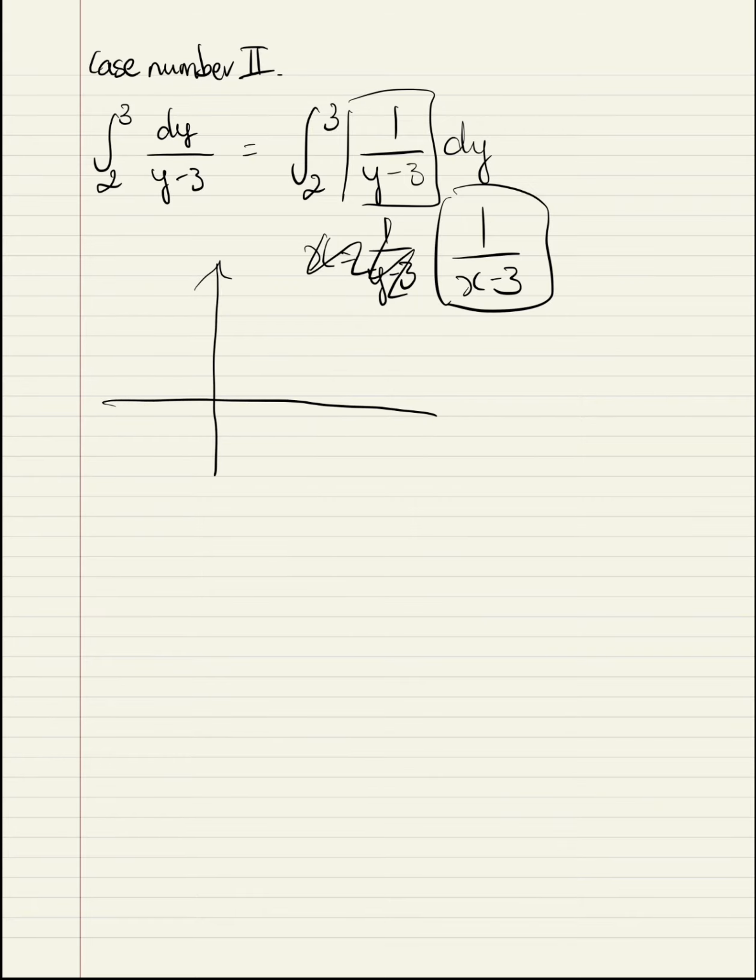the function 1 over x minus 3 is gonna be like this. So you can see 0, 2, 3. At the range from 2 to 3 it's gonna go to infinity, because 3 makes it go to infinity, and they've asked you to find this area.